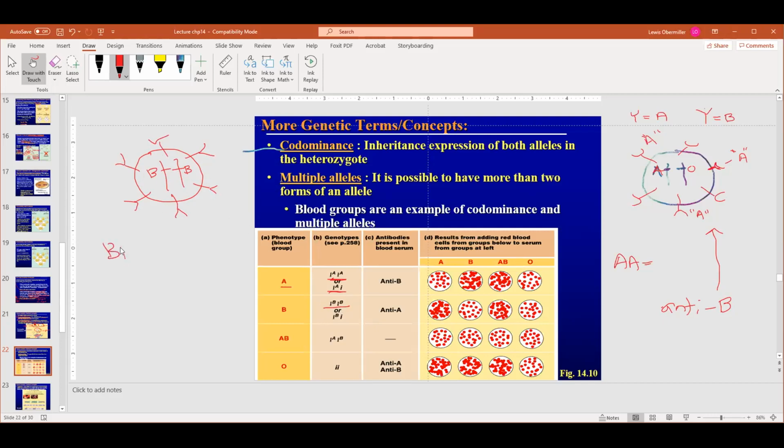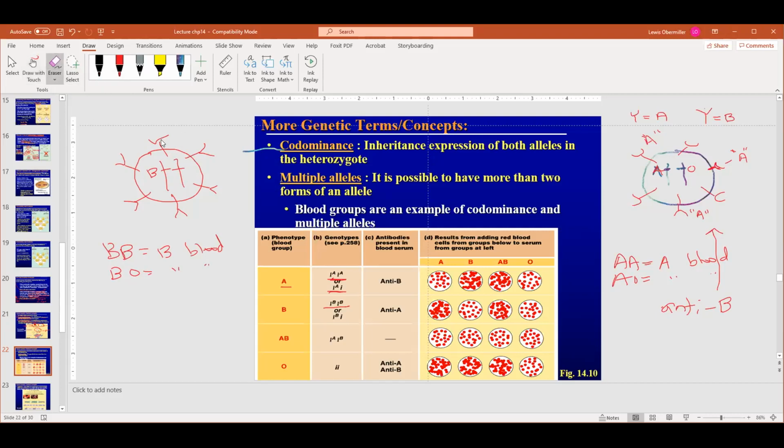BB means that you have B blood type. And AA means you have A blood type. You could also be AO, it's the same. And you can be BO, which is also the same, because this allele is broken.